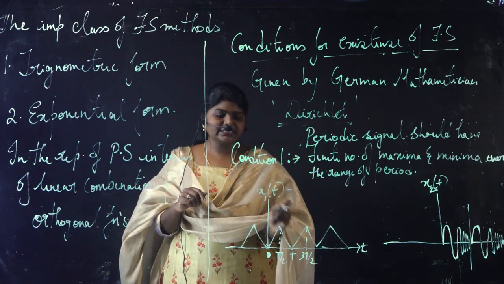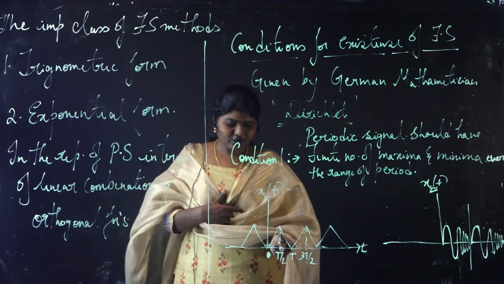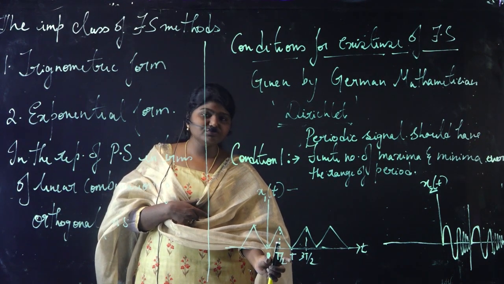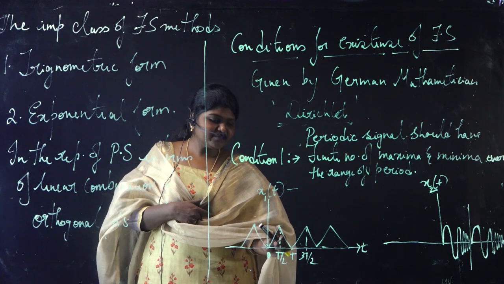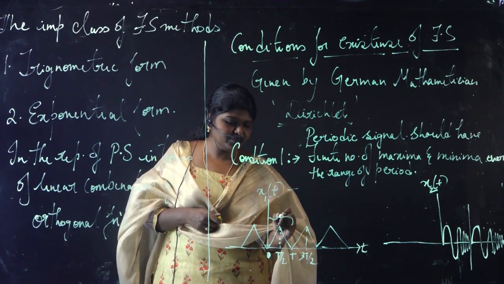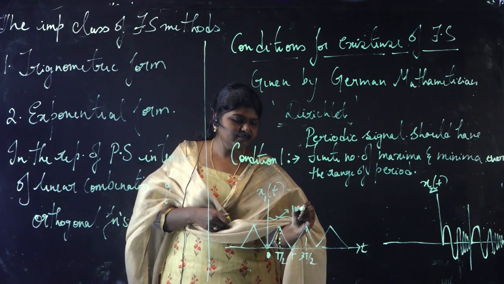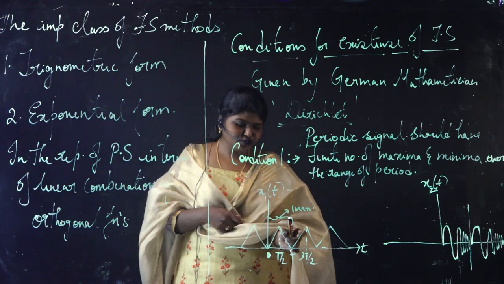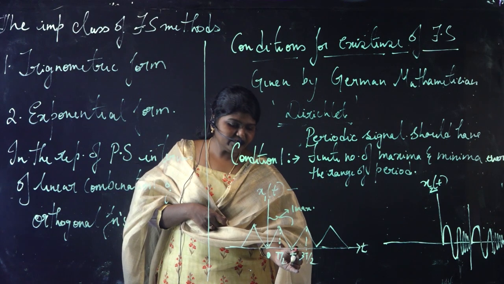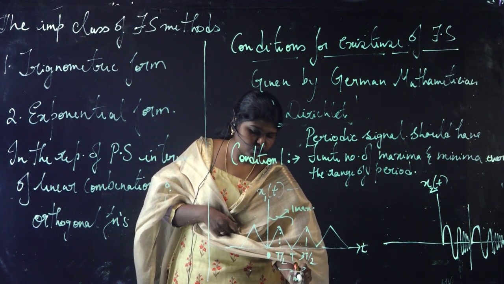If you look at the signal x1 of t, which is a periodic signal, over the range of the period 0 to T, the number of maxima here is 1. And if you take another period, T by 2 to 3T by 2, the number of minima available here is again 1.